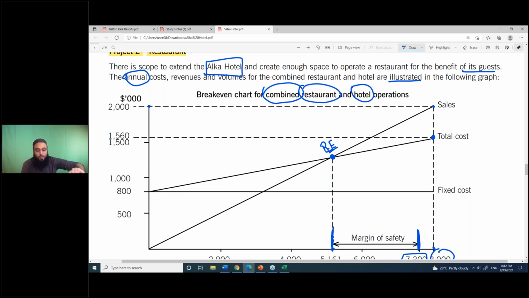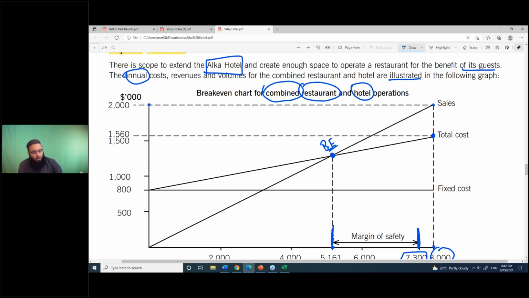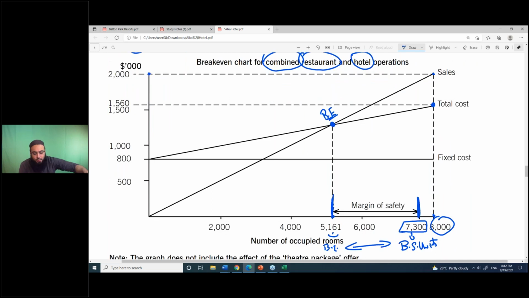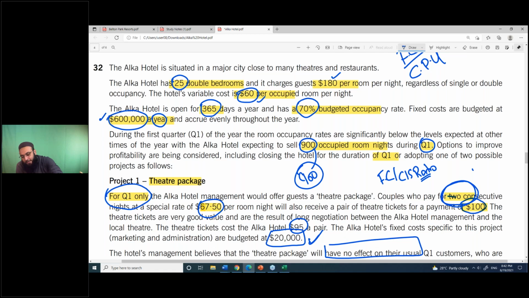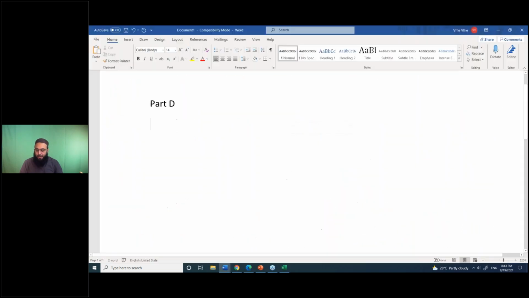So first of all, there are certain key findings that I can quickly observe here is that my fixed cost is 800,000, which previously was 600,000, right? So it's a clear sign that the fixed cost has increased by or will increase by 200,000.